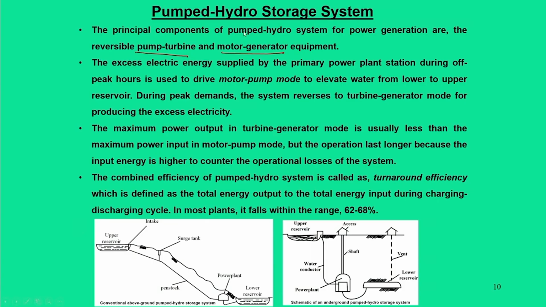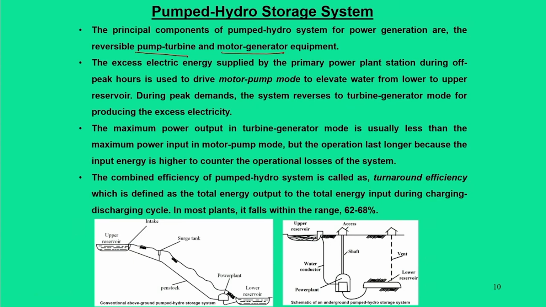Which means that excess energy supplied by the primary plant during off-peak hours can be used to drive a motor pump to elevate water from the lower to the upper reservoir, and during peak demand the system can reverse to turbine generator mode for producing the excess electricity.